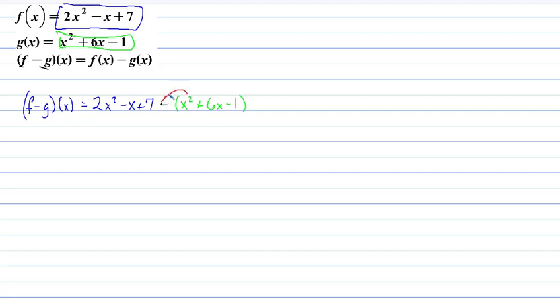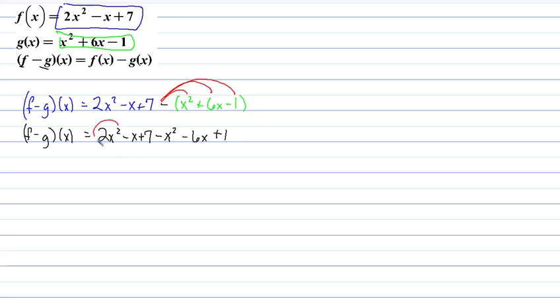And so when I distribute that negative sign through, when I rewrite it, we have the f minus g of x. Nothing changed on that first bit. When I distribute that minus sign through, though, it becomes negative x squared minus 6x plus 1.